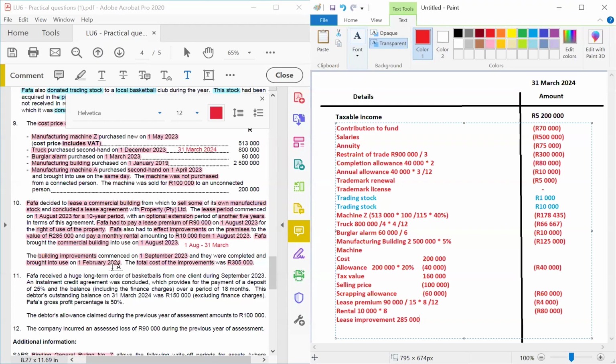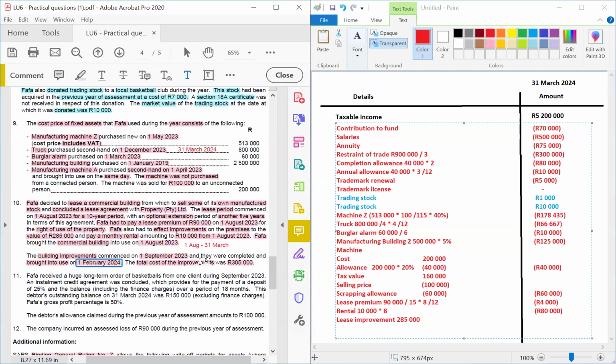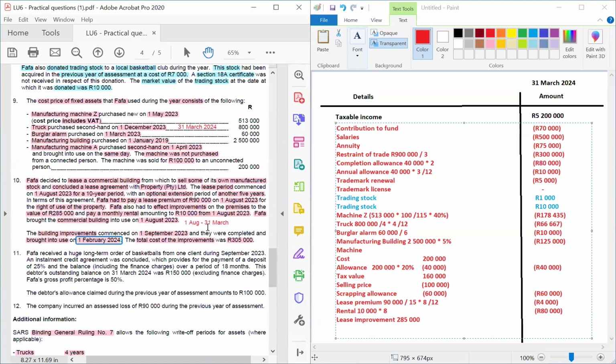Okay, so now, the lease starts on the 1st of August, right? So as the lease starts on the 1st of August, let me do this.